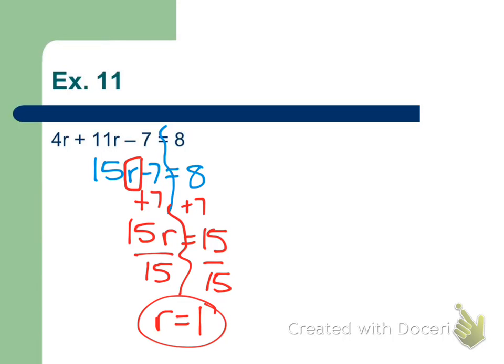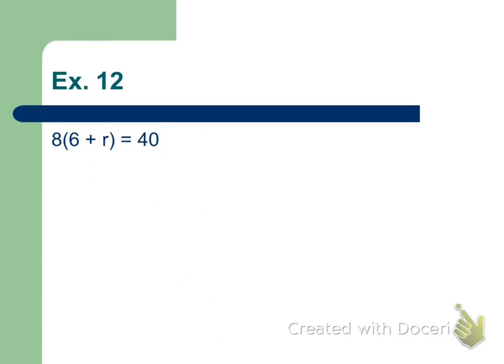So far, so good, I hope. Last one. Danielle, you want to tell us what to do? I did the distributive property. Okay. I did 8 times 6, 48. And then 8 times r is 8r. All right. I like it. Then what? Subtract 48 from both sides. Okay.